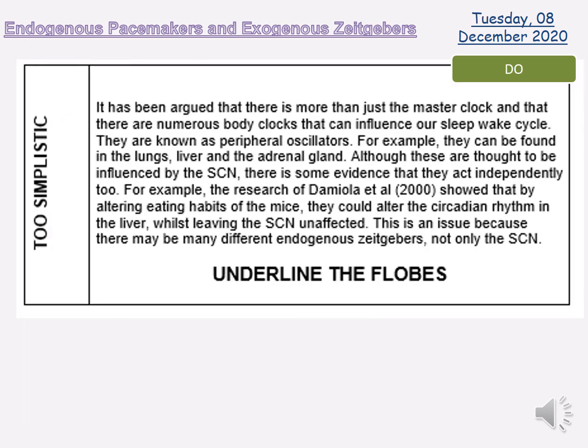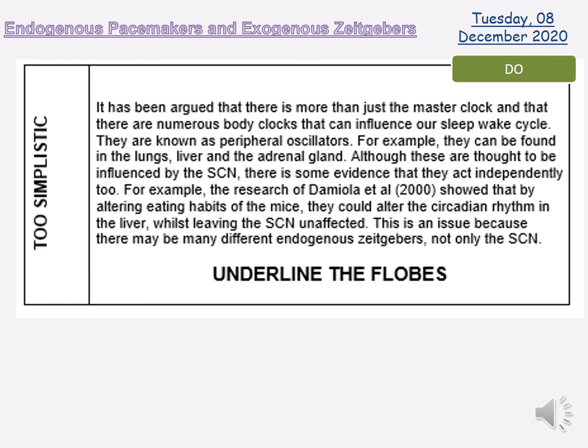In terms of the simplistic nature, it's been argued that there are lots of different contributory factors to the sleep-wake cycle. Okay, so for example, the Yamazaki study, what happened there was they extracted liver cells and kept them alive outside of a human and had a look at their activity, and they still followed a circadian rhythm.